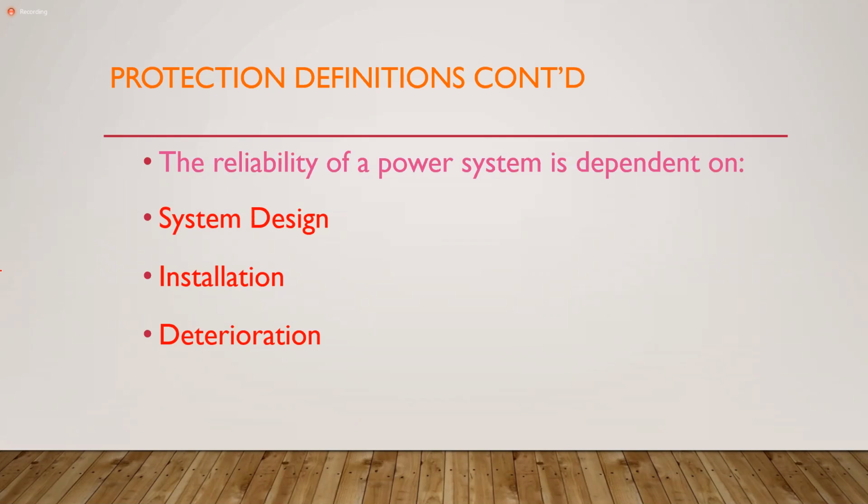Whether it is from the elements, some things you just can't prevent. When we spoke about substations, we talked about indoor and outdoor substations. The outdoor ones are exposed to the elements.